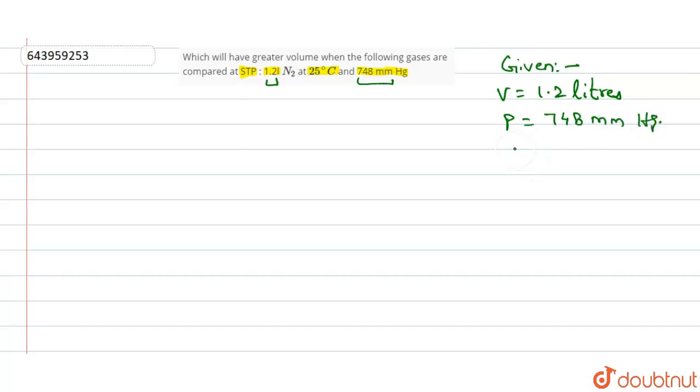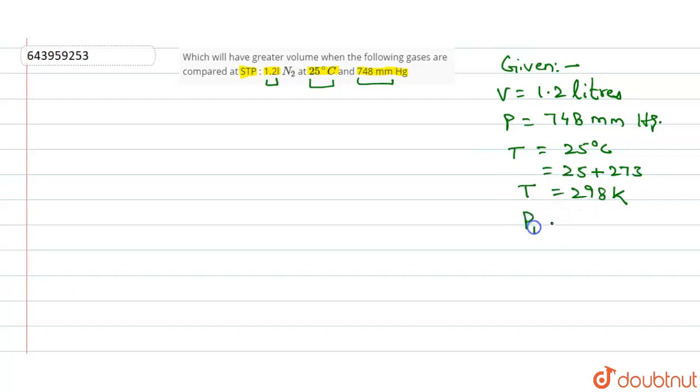And temperature is given, 25 degrees Celsius. We have to convert it into Kelvin. For converting to Kelvin, this is 25 plus 273. It will give 298 Kelvin. So T will be equal to 298 Kelvin.